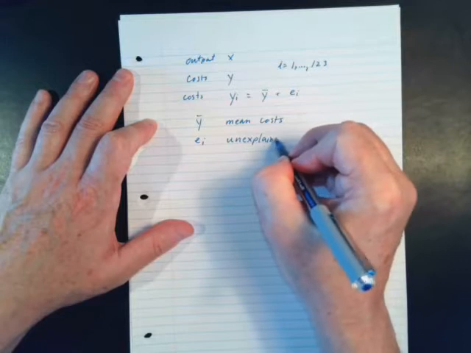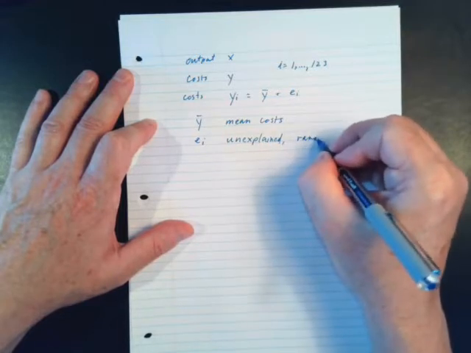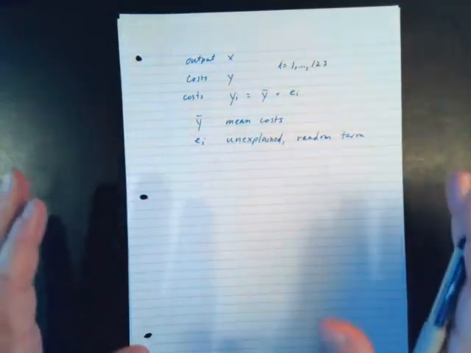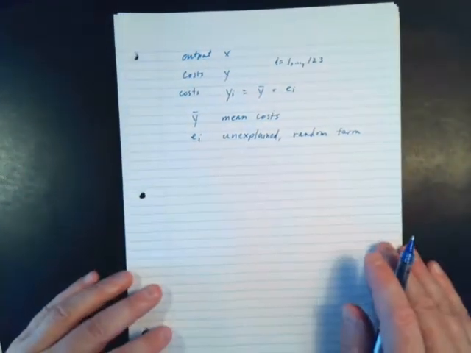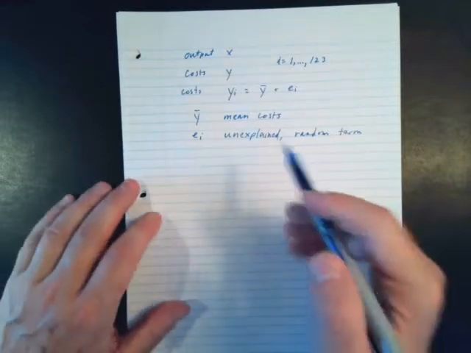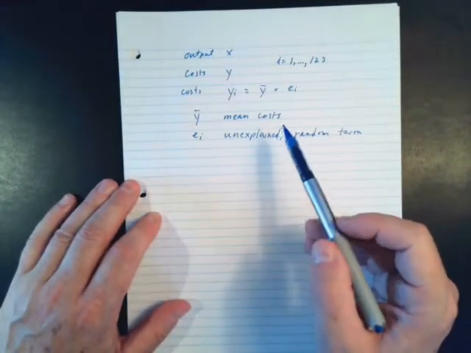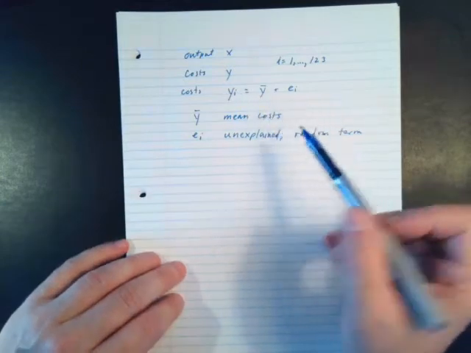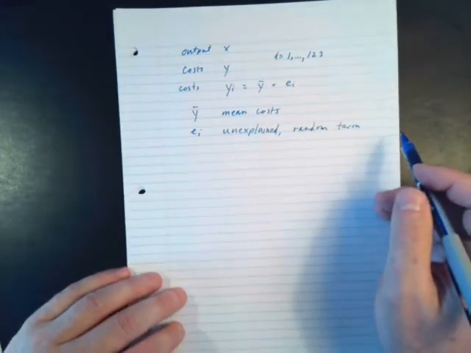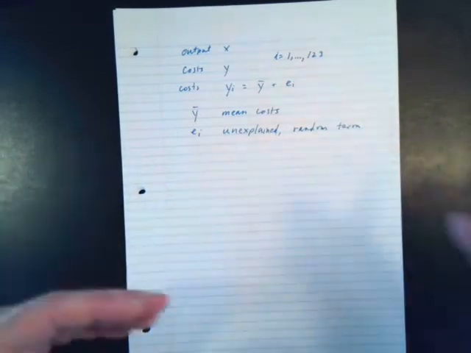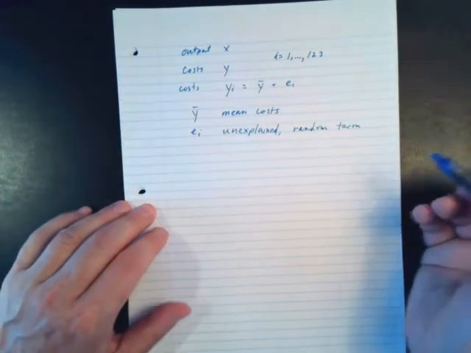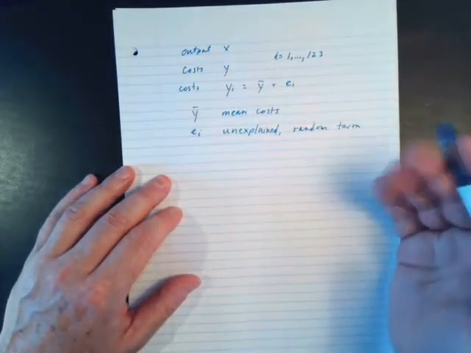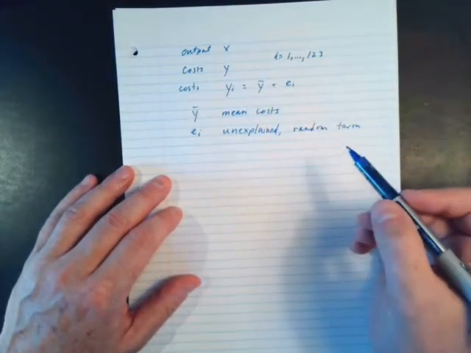Okay, so Y bar, that's mean costs, and e with a subscript i, this is the unexplained random term. Okay, now this isn't a very good model. Because we obviously saw that there's an upward sloping relationship between the output level and the costs. So we can really do better than just say our model is going to be that the cost is the average plus some random error term. But I write this down just because it's good to have in mind that that's the reference point for the worst possible model.